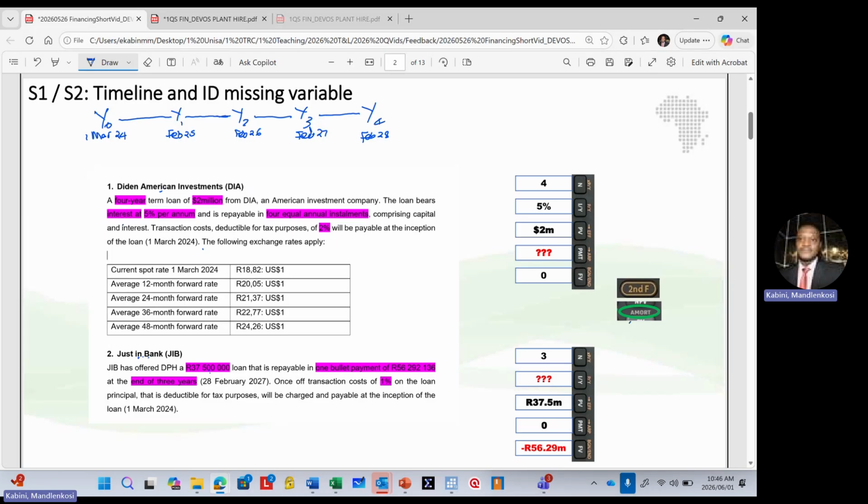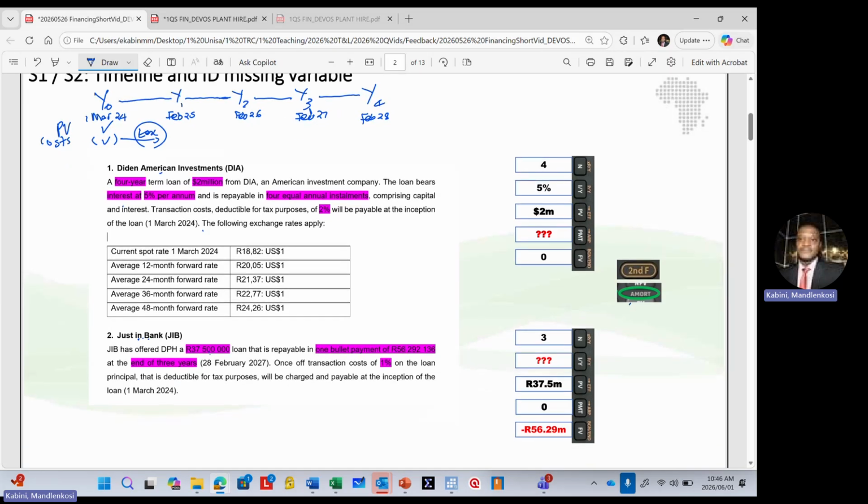So we know for the American loan, it's a 4-year term loan, and we are going to have present value, which is the amount that we are getting. On that present value, there's going to be some transaction costs, which we then have to deduct, and those transaction costs may have some tax implications. They are deductible for tax purposes, so we need to include those.